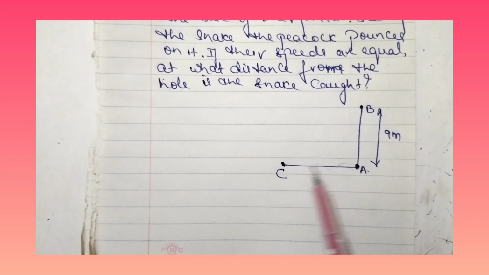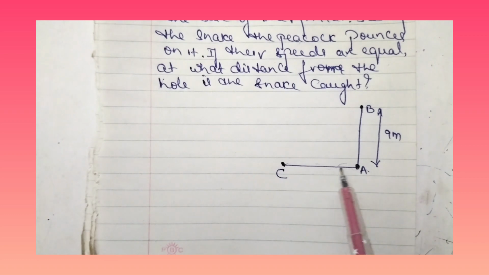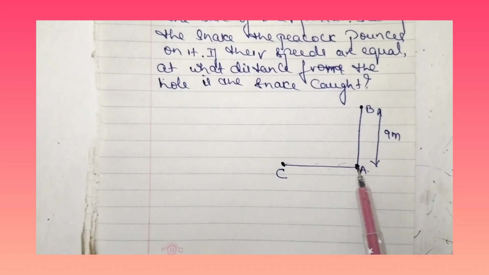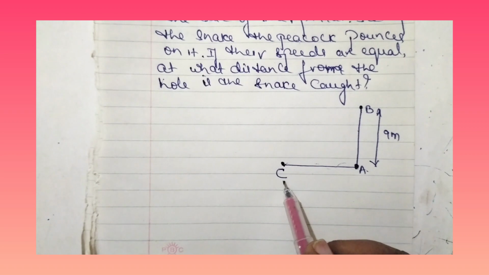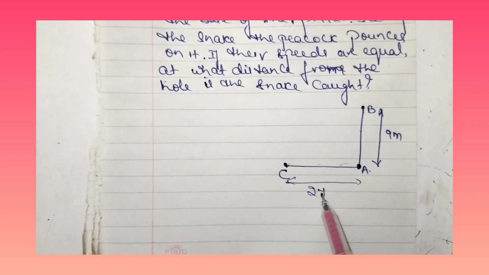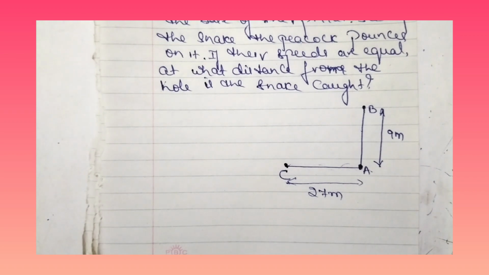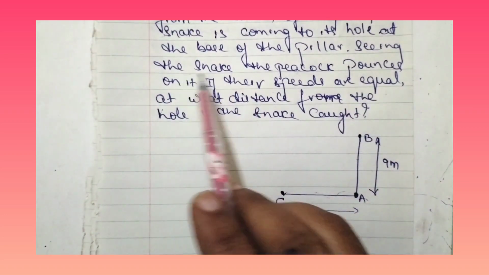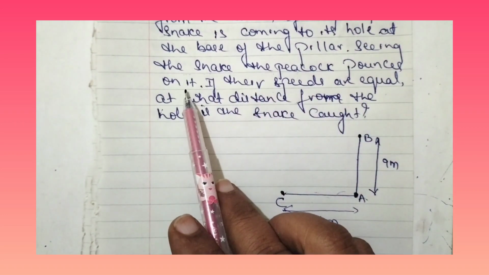At A, the hole of the snake is there, and that is also the bottom of the pillar. The distance between A and C they have given as 27 meter. Next, seeing the snake, the peacock pounces on it.